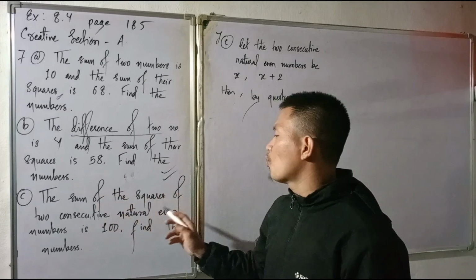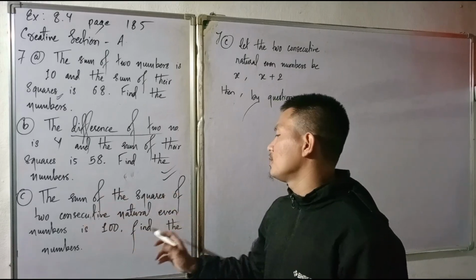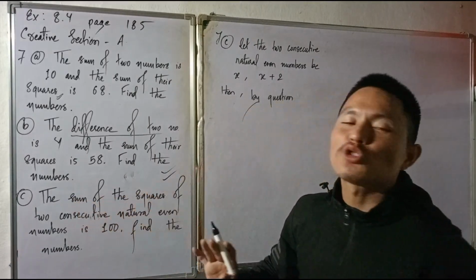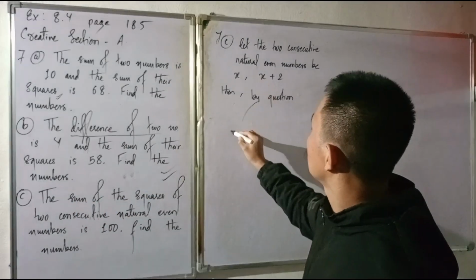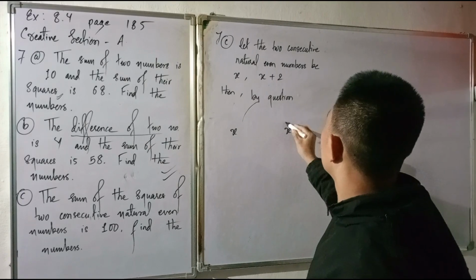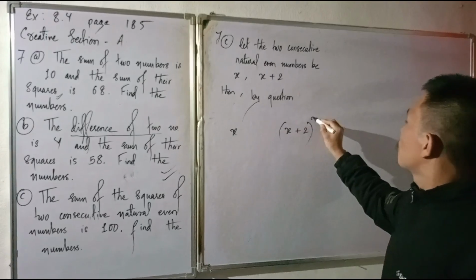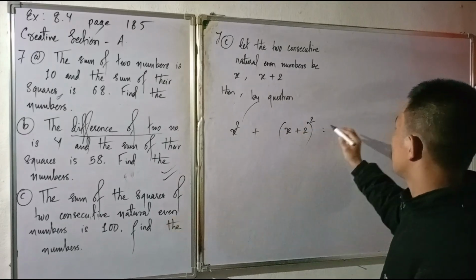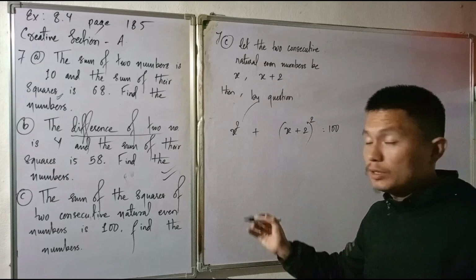The sum of the squares of the two consecutive natural even numbers is 100. So these are the two consecutive natural even numbers, and the sum of their squares equals 100, and you have to find the numbers.